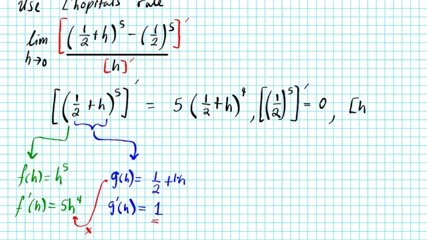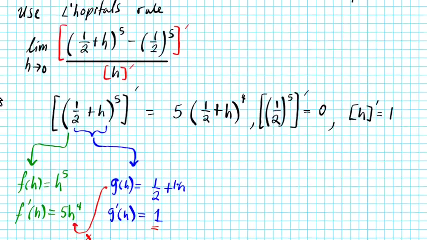And then when we differentiate the denominator, derivative of h is simply going to be 1. Derivative of h with respect to h. Okay, and then we can plug everything back into the original problem. So we have the limit as h approaches 0 of 5 times 1/2 plus h raised to the fourth power. This part is 0, this part is 1. So all we are left with is just the numerator.